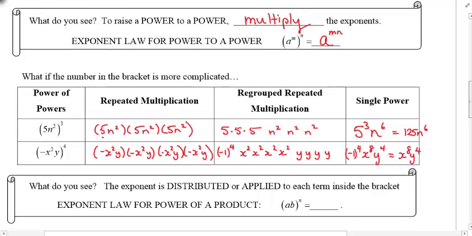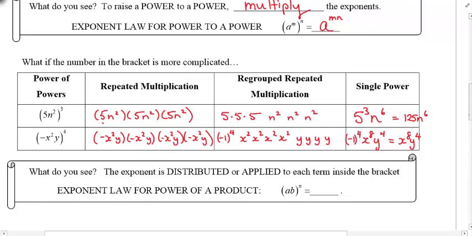So this is called the distributed or applied thing, where now notice the exponent gets distributed to both, because you'll see, hey look, the 5 gets raised to the power of 3, so here we go, right? 5 gets raised to the power of 3, and also the n squared gets raised to the power of 3, that's n to the 6, and so on.